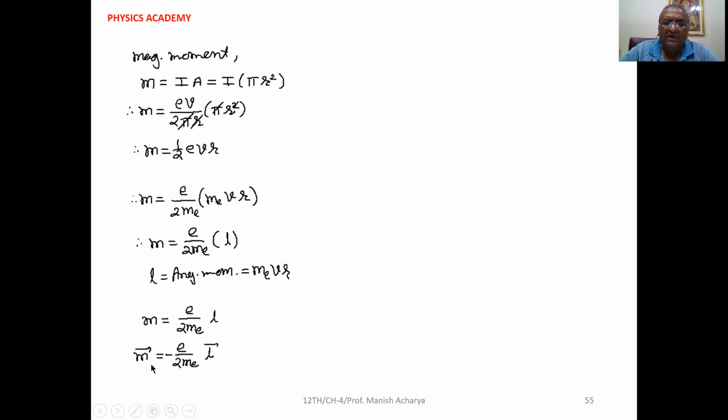So here in the vector form, we can write vector M equal to minus e upon 2 m e vector L. Why here do we introduce the negative sign? Because if we find out the direction of the magnetic moment and the direction of angular momentum, then both are mutually opposite. And therefore here we have to introduce this negative sign.